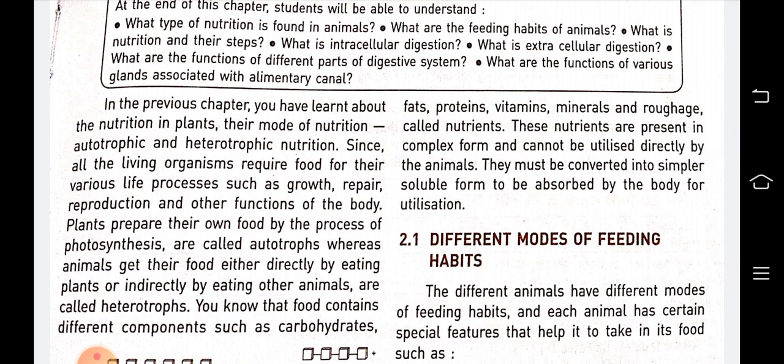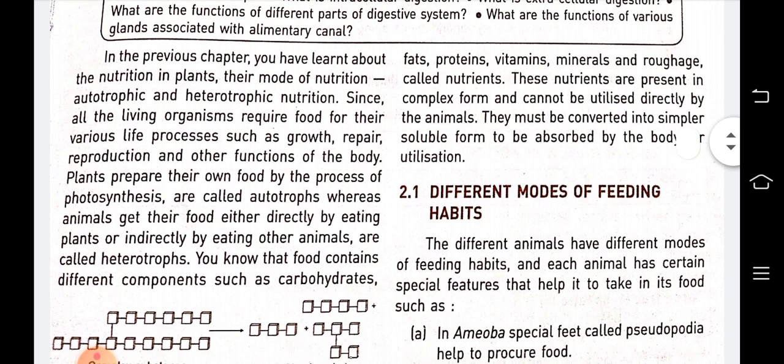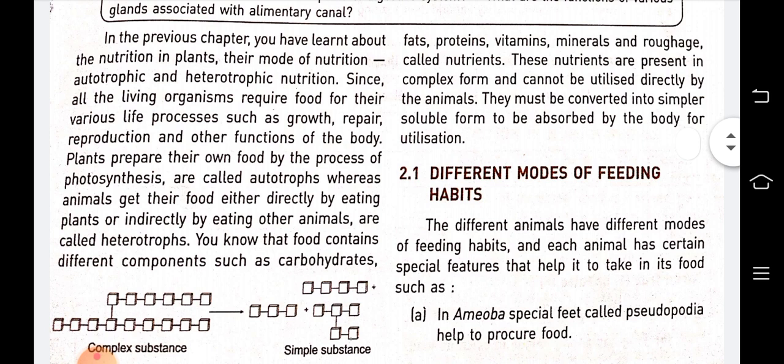So first of all, in nutrition in plants, there are two modes: autotrophic and heterotrophic nutrition. Autotrophic means the plants prepare their food on their own with the help of chlorophyll and sunlight.